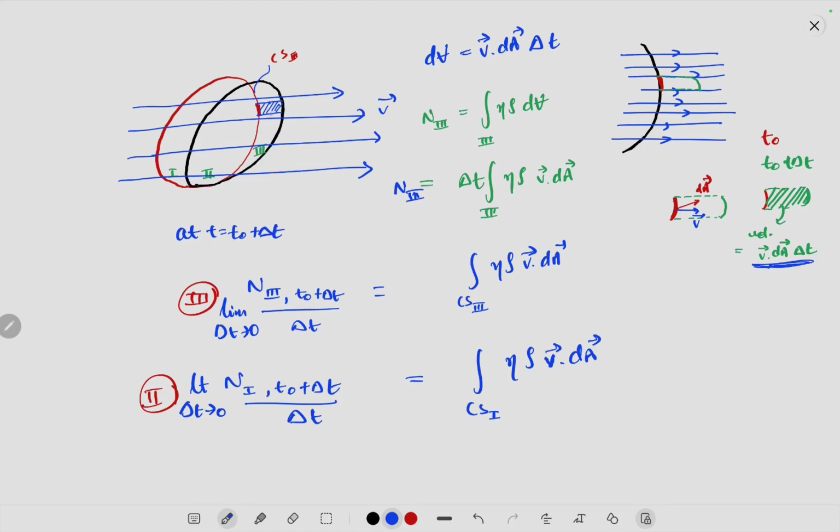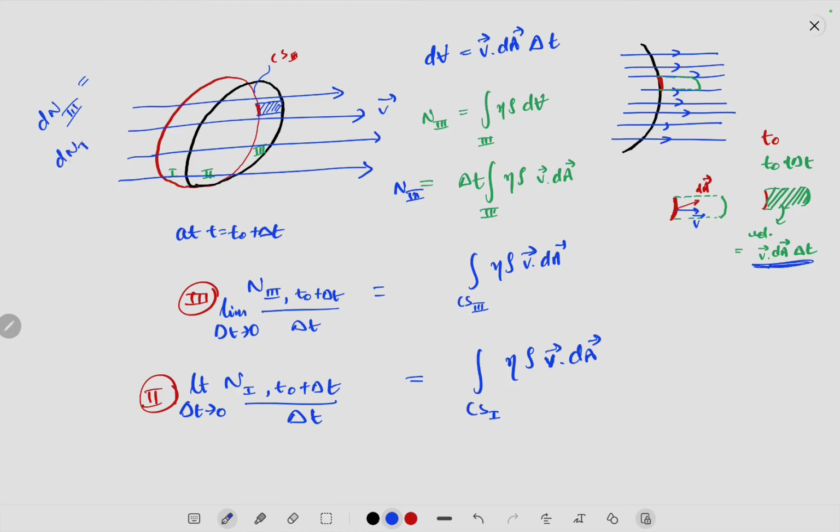Or in other words, dn3 is a differential extensive property that has come outside of this control volume, right?